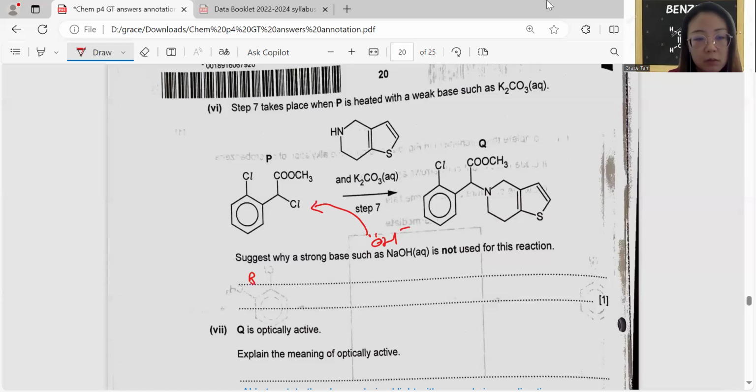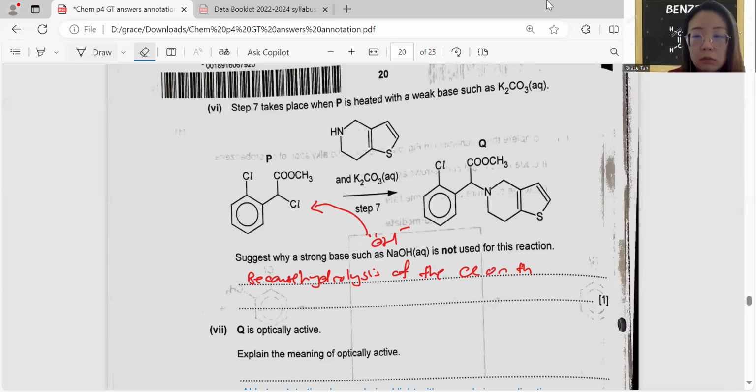Because hydrolysis of the Cl will occur. Which Cl? On the CH. Can I put alkyl group?